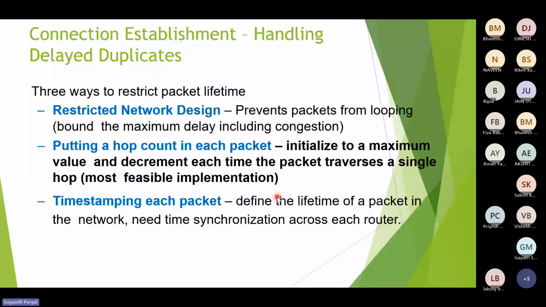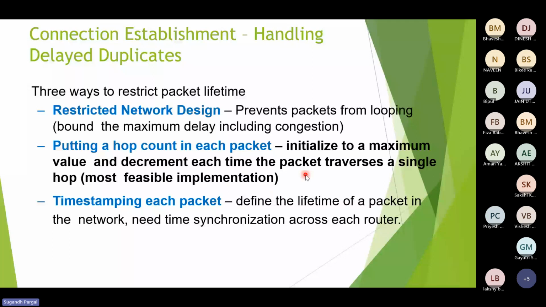First is to prevent packets from looping, which bounds the maximum delay, including congestion. Then putting a hop count in each packet. We initialize a maximum value in each packet and decrement it each time the packet traverses a single hop, that is, a single node.